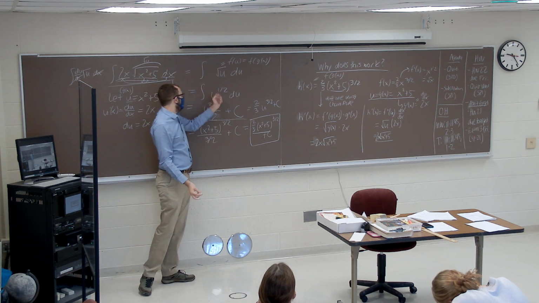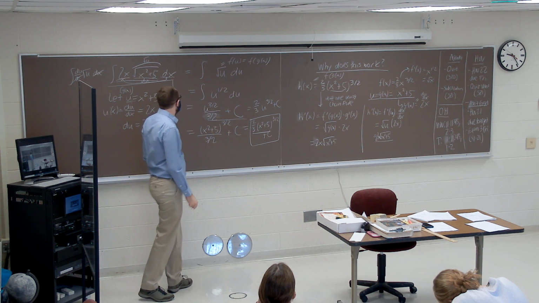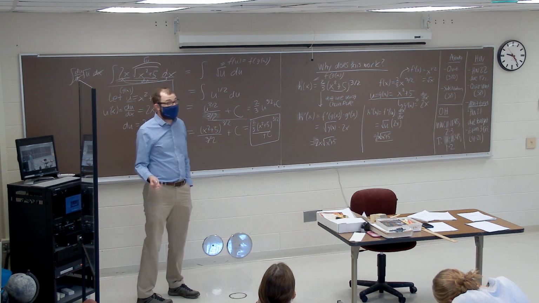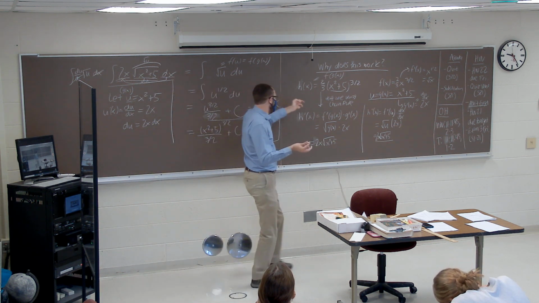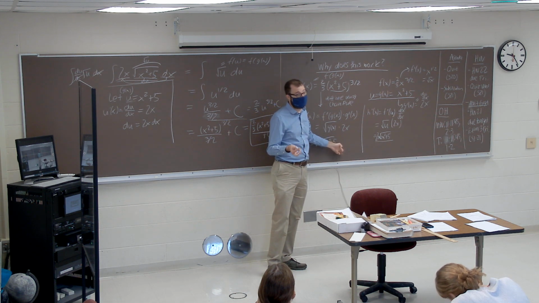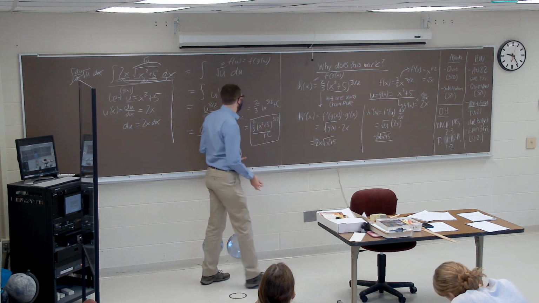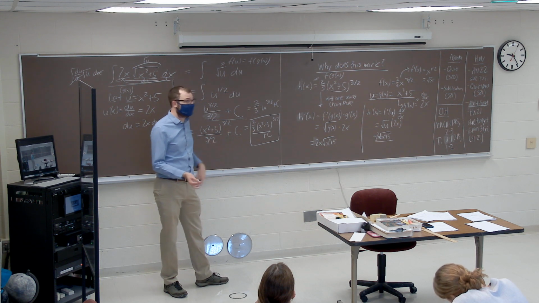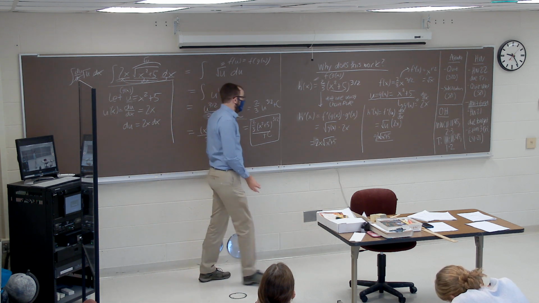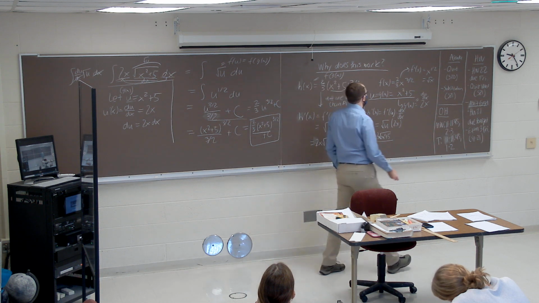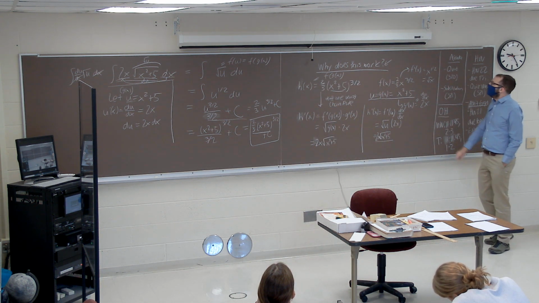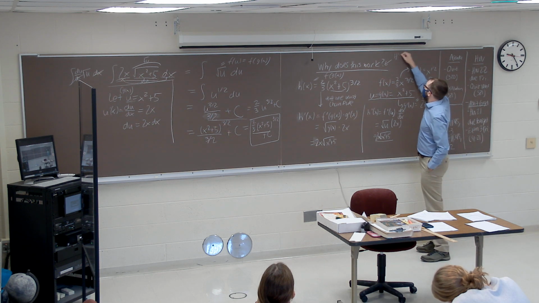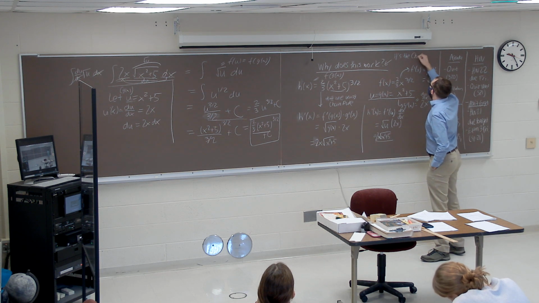And then once we integrated with respect to u, we essentially undid in our integration what we would have to do in order to differentiate this 2/3 times x squared plus 5 to the 3/2. We unraveled the chain rule in a sense. And so the reason why this works is ultimately because it's the chain rule, but backwards.